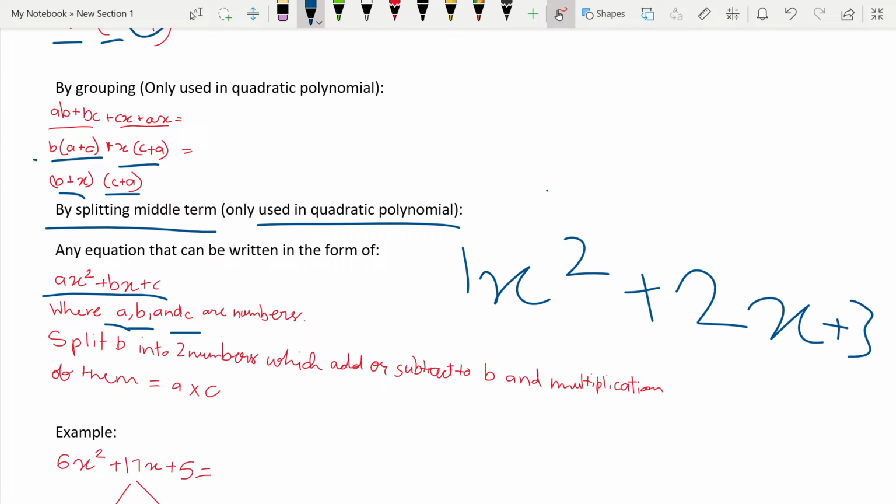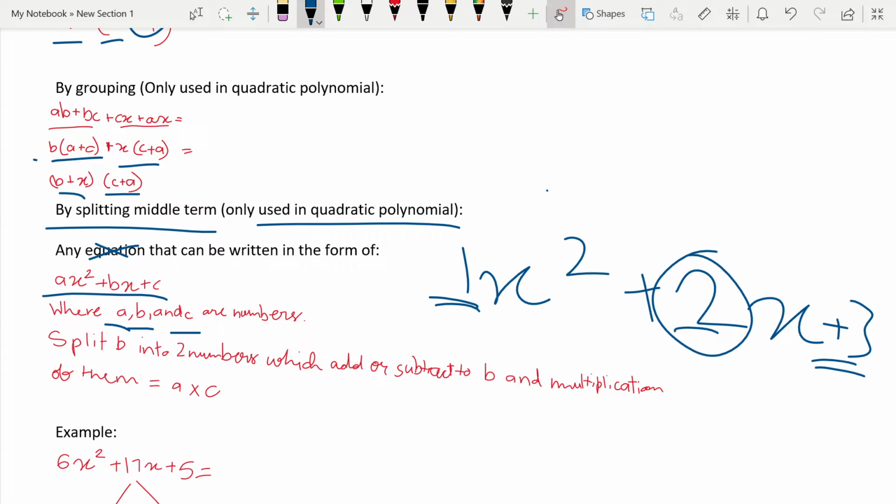That can be our expression, not equation but expression. So these are numbers, and you split b into two numbers, meaning split 2 into two numbers which add or subtract to 2, and the multiplication of them is equal to a times c, meaning 1 times 3.